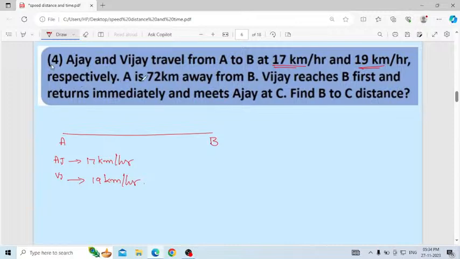Then A is 72 kilometer away from B. What is the distance between A and B? 72 kilometer, as given in the question.